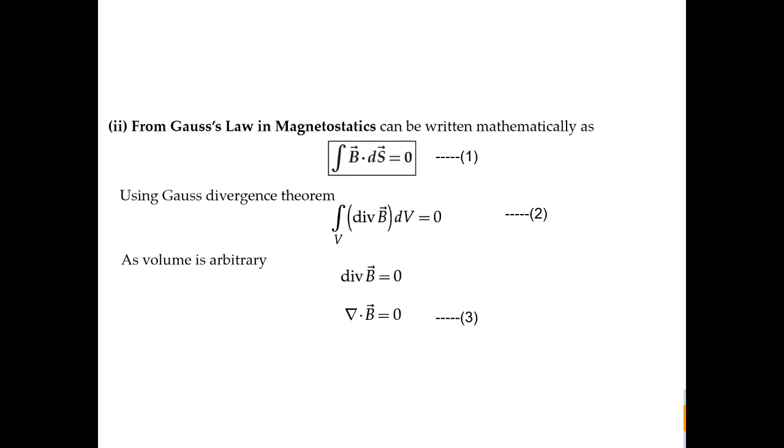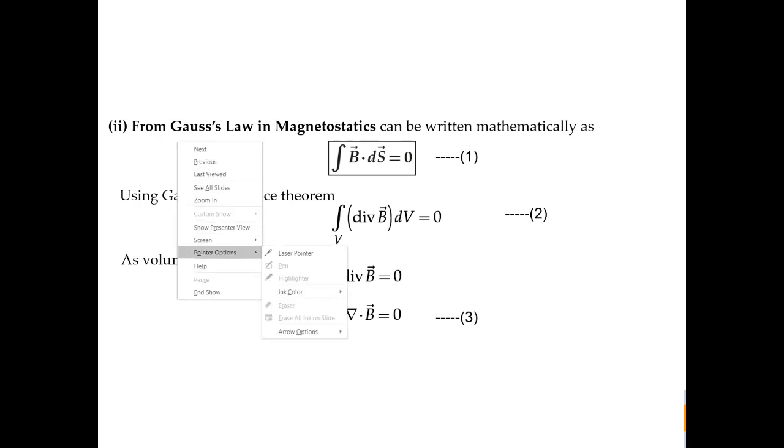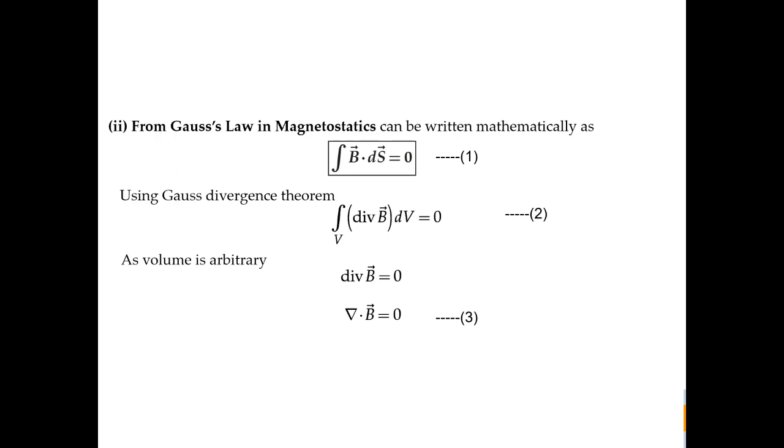We also know that magnetic field forms loops. If you talk about a bar magnet, you have a north pole and a south pole. Let's assume that it is exactly in the center.